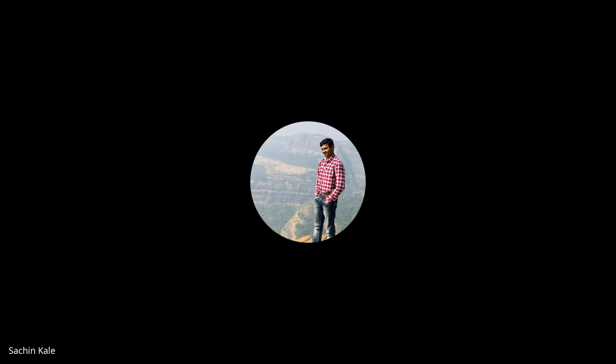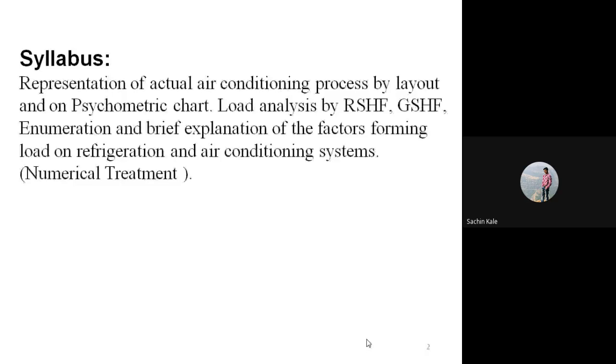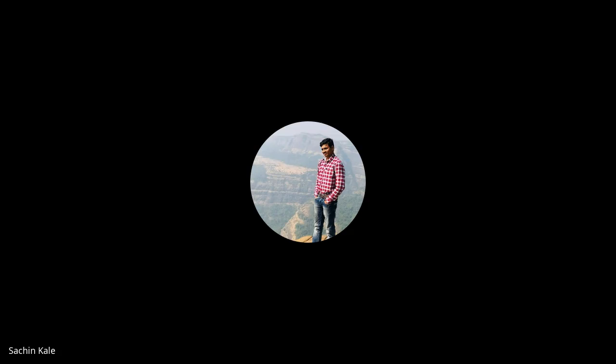We have to represent those various heat factors on the psychrometric chart. That is the enumeration and brief explanation of the factors forming the load on refrigeration and air conditioning systems. Here in brackets they have mentioned numerical treatment. So this is chapter number 6.